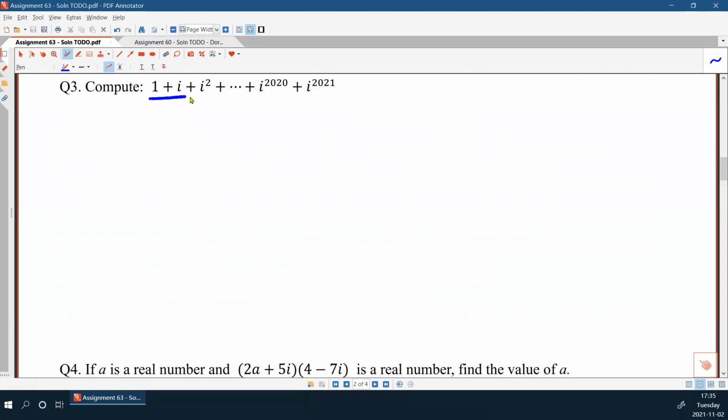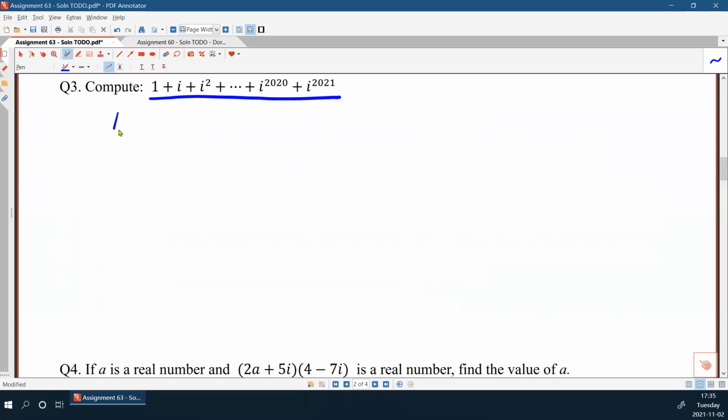If you want to compute the sum of a series like this, it is actually a geometric series, right? Geometric series means the ratio between two adjacent terms is equal, right?